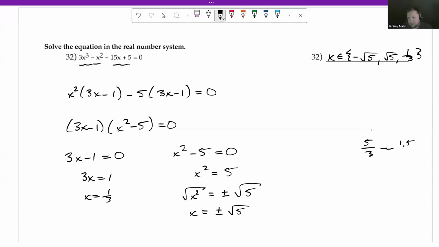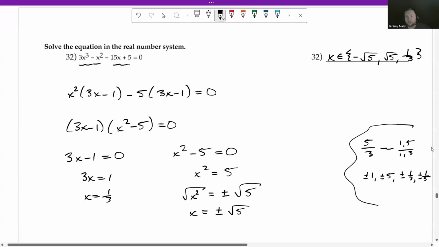So 1, 5, and 1 and 3. So you would have had plus or minus 1, plus or minus 5, plus or minus 1/3, plus or minus 1/5. So you would have had 8 guesses to work through, and you would have gotten to that positive 1/3 eventually. And then once you find the depressed equation, it would have just been a quadratic to solve.